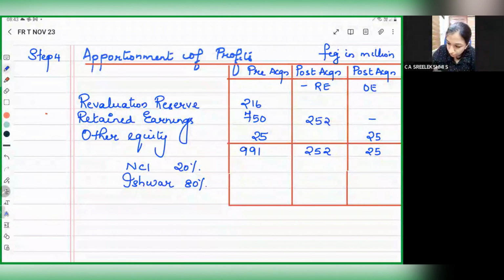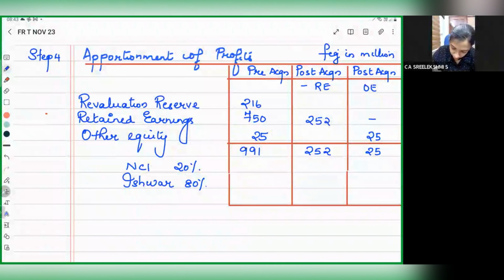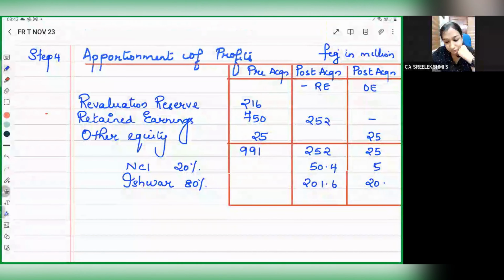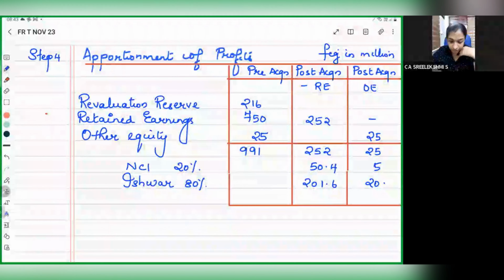So 252 into 20%, 50.4, and 252 into 80%, 201.6. 25 into 20%, 5 and 20. Up to this, are you okay? Yes.